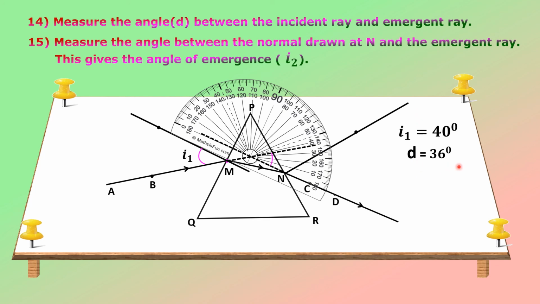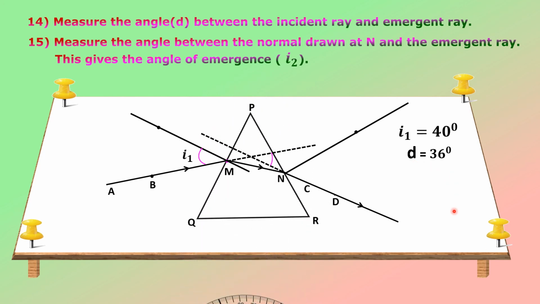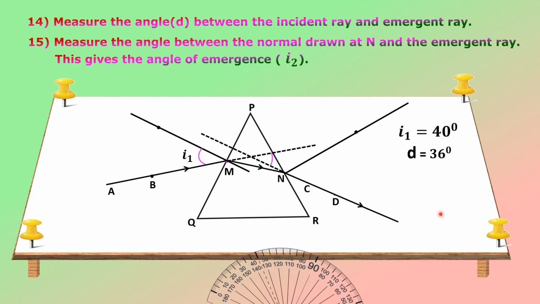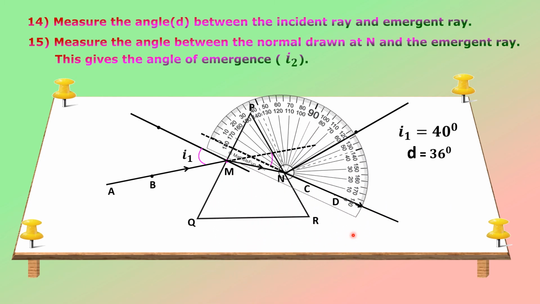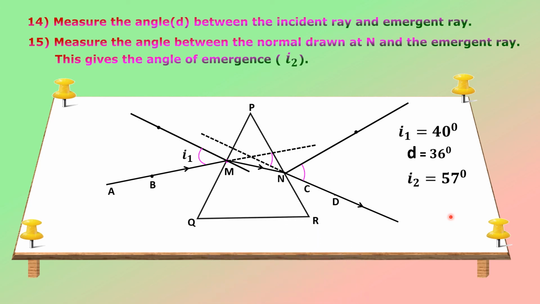Okay, so here D value is 36. Now let us measure the angle of emergence. Here its value is 57 degrees. So here I2 is 57 degrees. Again you can check whether the rule A plus D equals I1 plus I2.